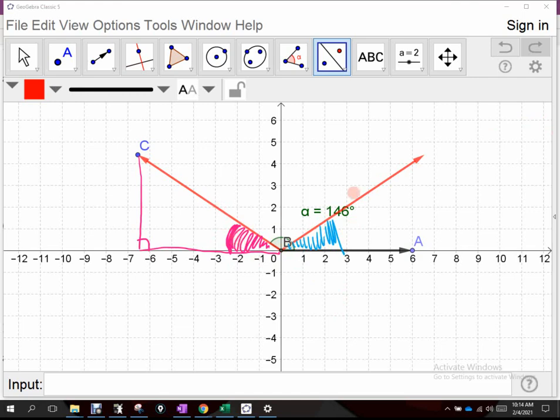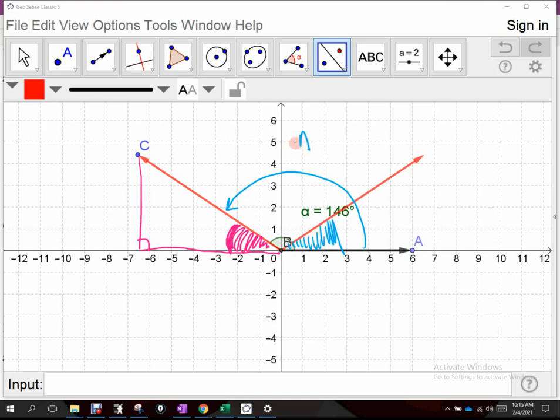Okay, so that means the sine, the cosine, the tangent of this blue angle is going to be the same as the sine, the cosine, and the tangent of this red angle, except for the signs, the plus or minuses, okay? And therefore, the sine, the cosine, the tangent of the blue angle will be the sine, the cosine, and the tangent of that angle of interest, except for the plus or minus aspects, okay?